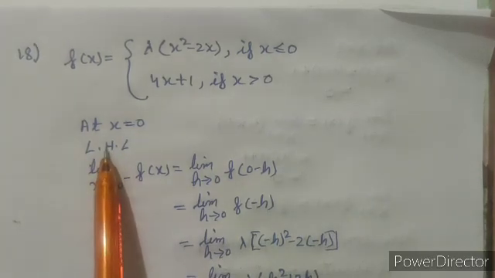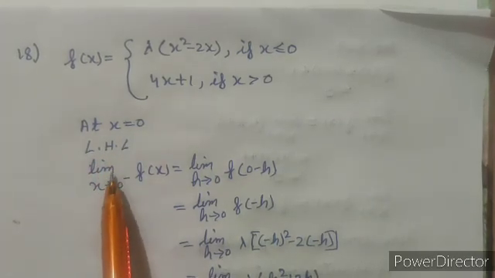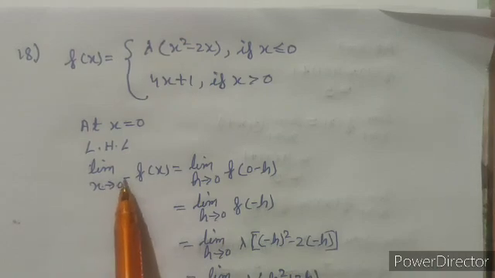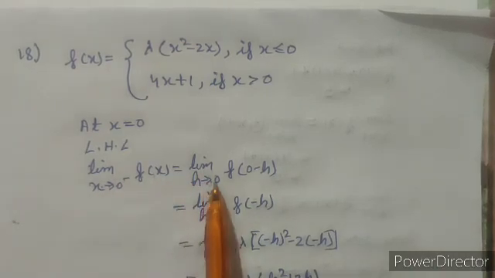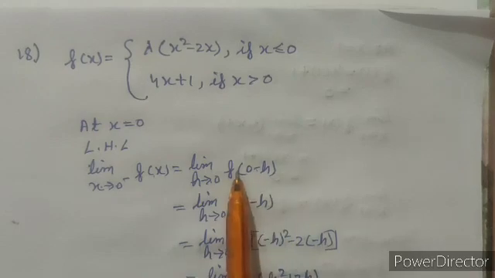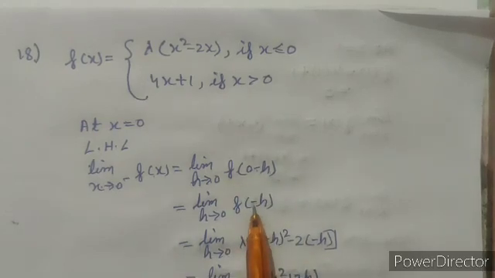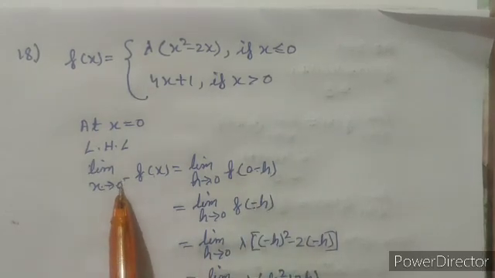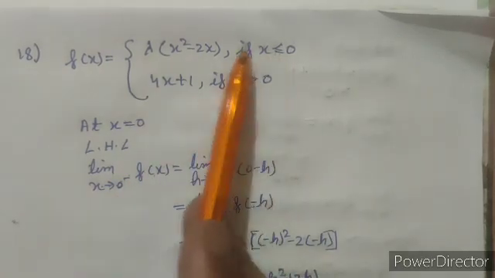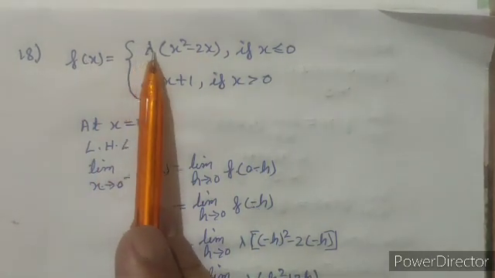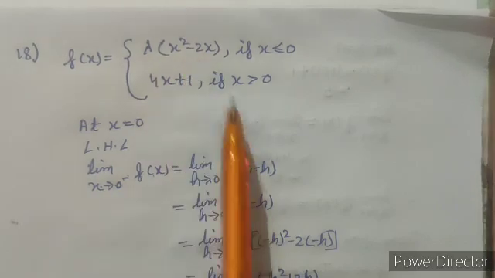At x equal to 0, first I am taking the left hand limit. The left hand limit x tends to 0 minus f(x) will be limit h tends to 0 f(0 minus h), and 0 minus h can be written as minus h. For less than 0, the value of f(x) is lambda x square minus 2x.